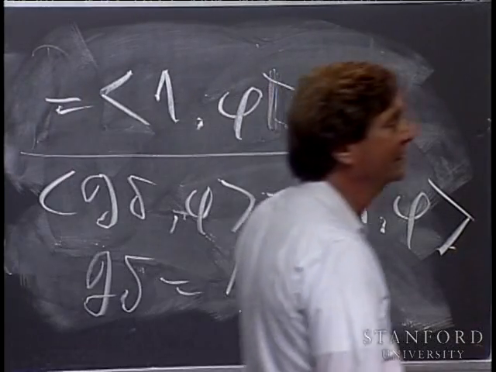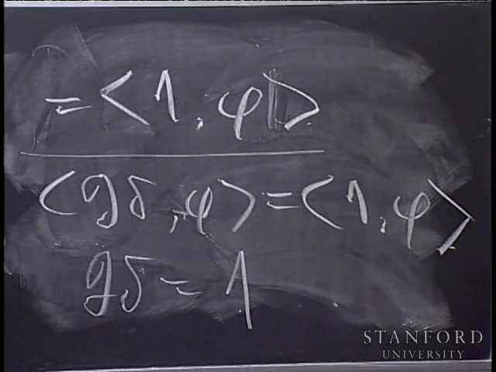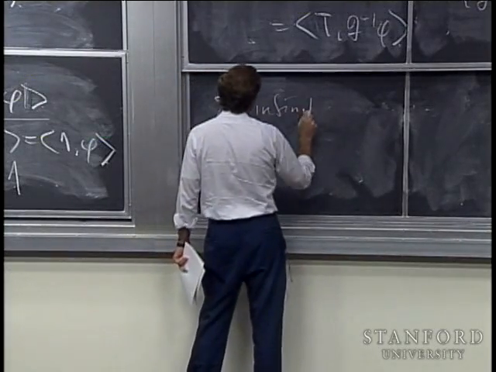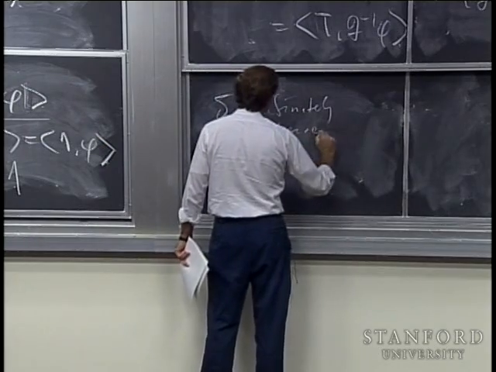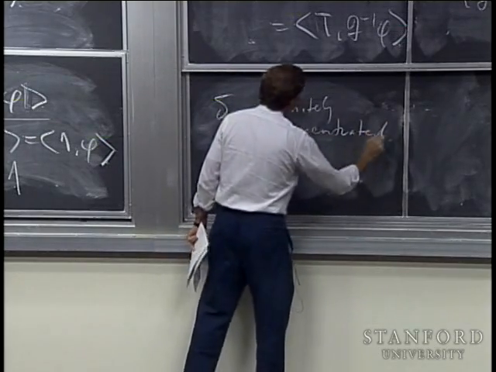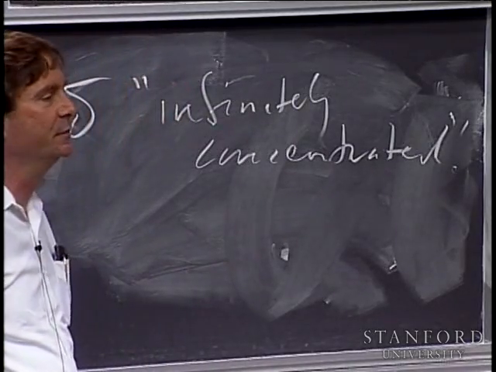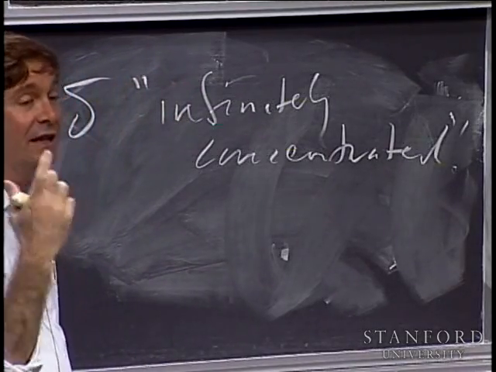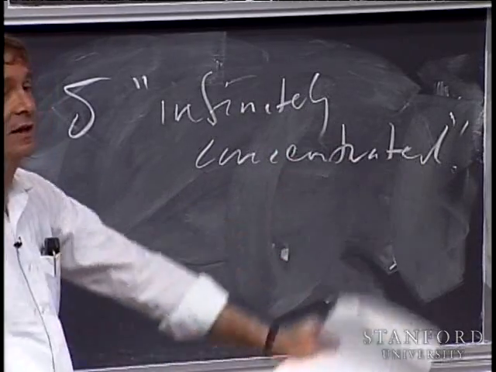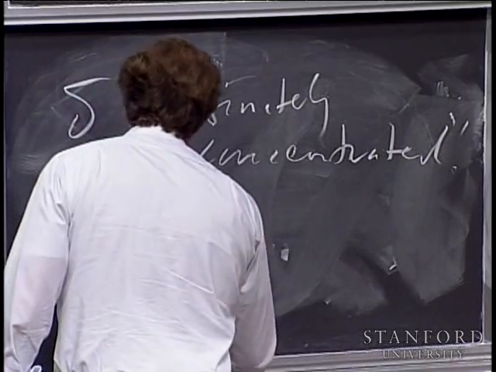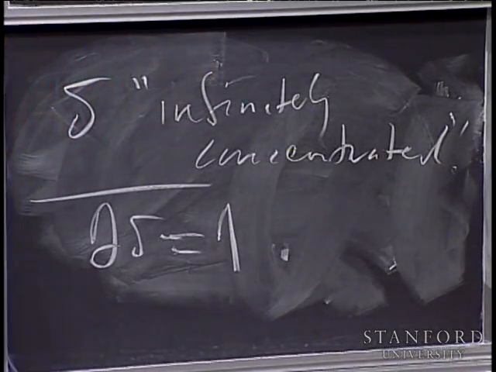Delta is infinitely concentrated. Sort of by definition, that's what delta is supposed to be. Delta is supposed to be the limit of functions that are concentrating at a point. Its Fourier transform, 1, is uniformly spread out.